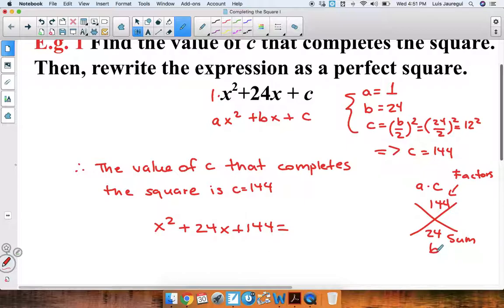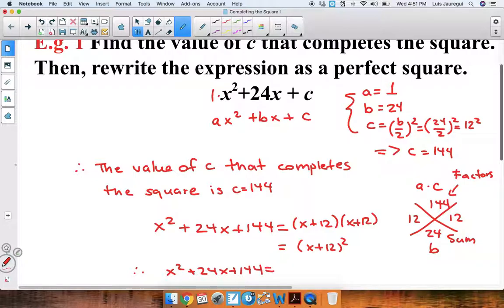And yes, indeed, those values happen to be 12 and 12 because 12 times 12 is 144 and 12 plus 12 gives you 24. So this can now be written as (x plus 12) times (x plus 12). And rewriting this in terms of properties of exponents, this is (x plus 12) squared. So we can say, therefore, x squared plus 24x plus 144 is equal to (x plus 12) squared.